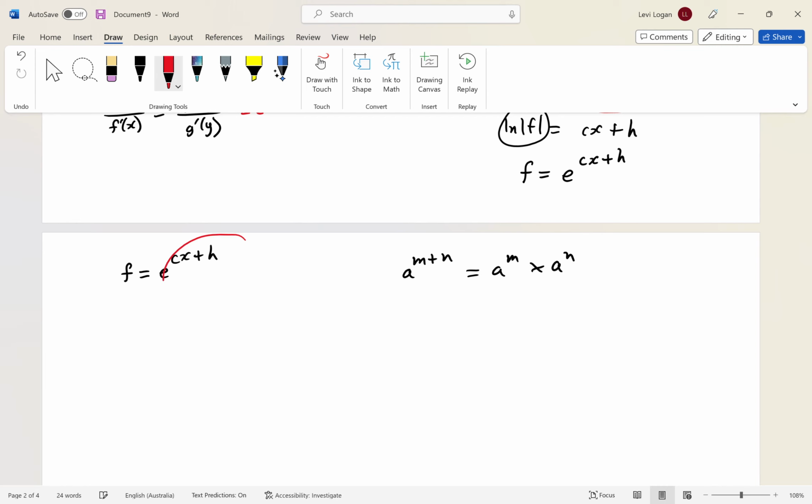So I'm going to break this up: f is equal to e^h times e^(cx). Now this whole thing is going to be another constant, so we're just going to let e^h equal a, where a belongs to any number.